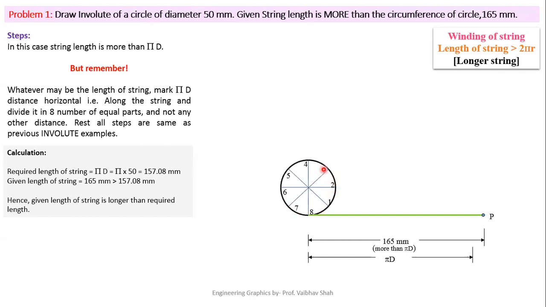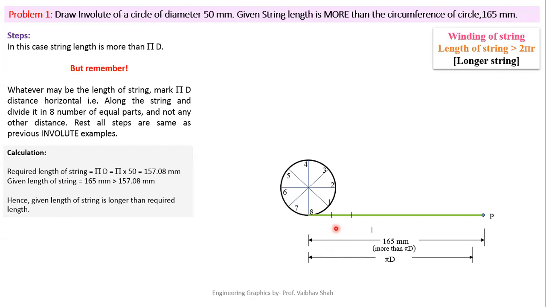That means we have to compulsorily take the length of this line exactly equal to the circumference of the circle, which is nothing but pi d. So we will always be dividing this length of pi d into 8 equal parts. This length is from your point 0 till your red point. Let us divide this line into 8 equal parts.